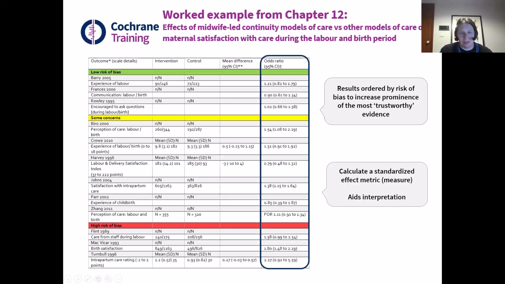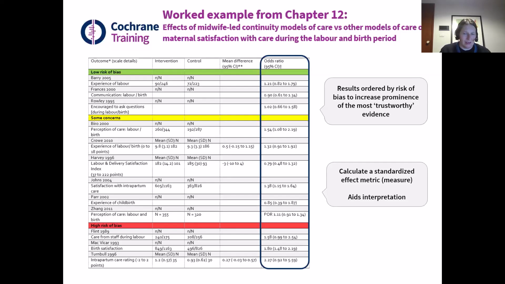Something that's also incredibly helpful is to calculate a standardized effect measure, because this aids interpretation. It's particularly important not to just present the summary statistics that might be quite different across the various studies. It makes it very difficult for users of reviews to understand what the effects of the interventions are.